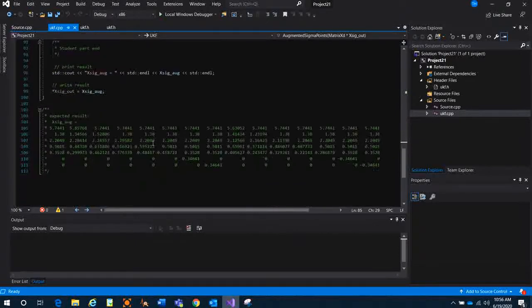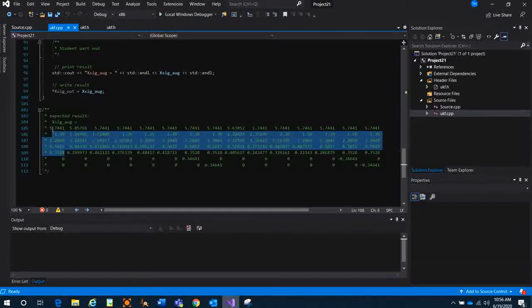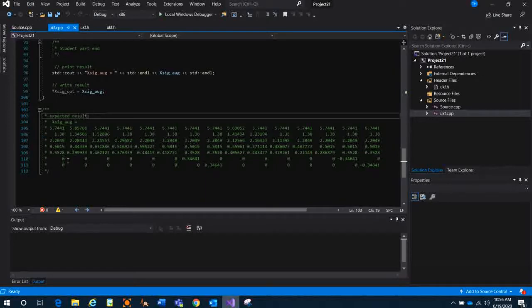And the result looks something like this. We have the first column right here, the mean state, but you have to add 0, 0 right here. And you remember how we add the process noise right here.